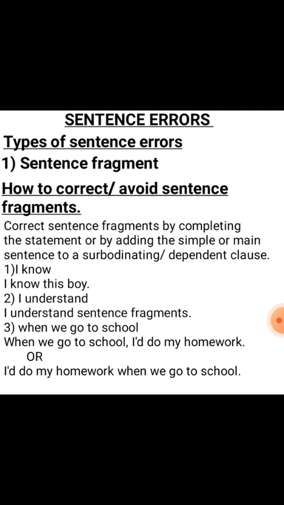So with all this, how do we correct or avoid sentence fragments? Correct sentence fragments by completing the statement or by adding the simple or main sentence to a subordinate or dependent clause.